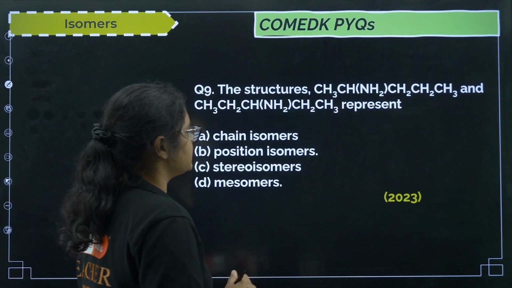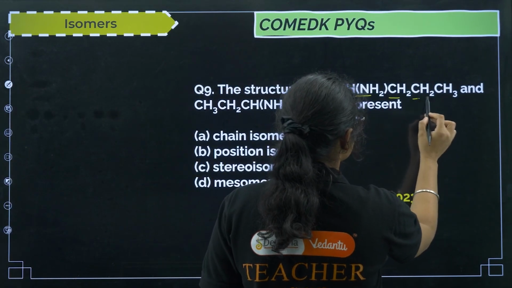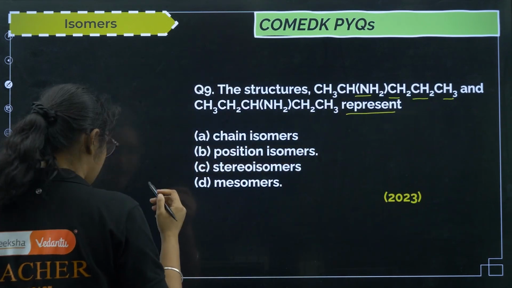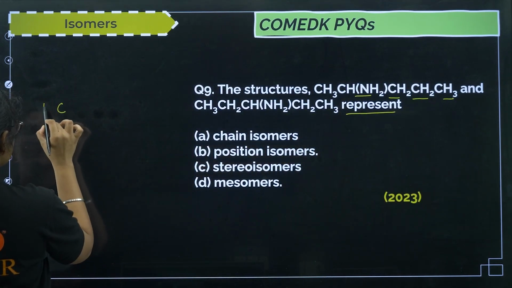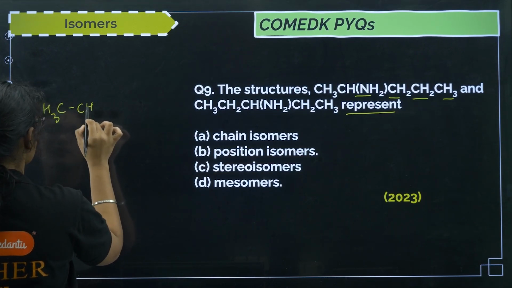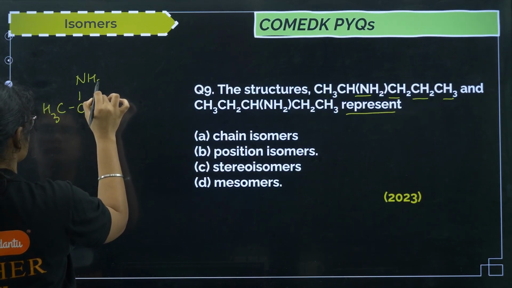Next, the structure of CH3, CH, NH2, CH2, CH2, CH3 and the two structures are given, represent what? So if I draw this one, it is CH3, CH, NH2, okay.